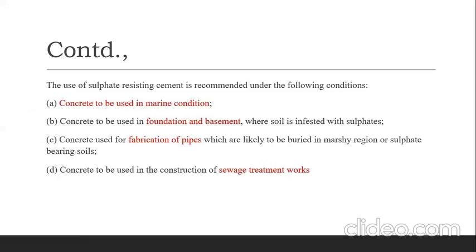So in that type of area, where concrete has direct exposure to sulfates, it may lead to deterioration. So in such conditions, sulfate resisting cement is the most suitable choice. Then it is also used for the concrete for the construction and fabrication of pipes. For that purpose also we can use sulfate resisting cement.